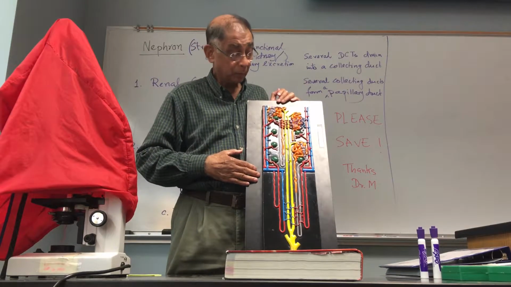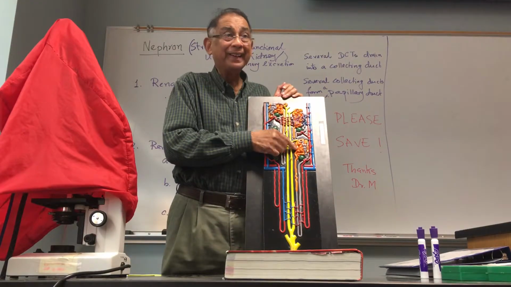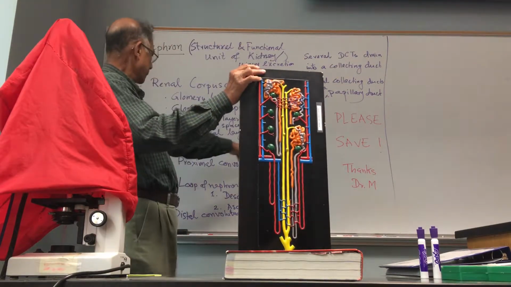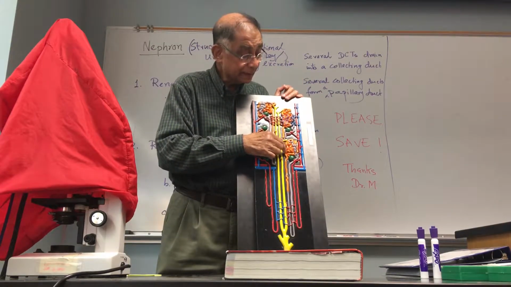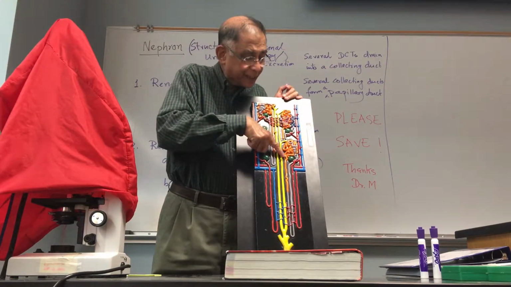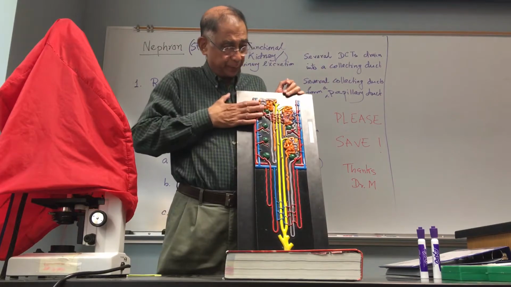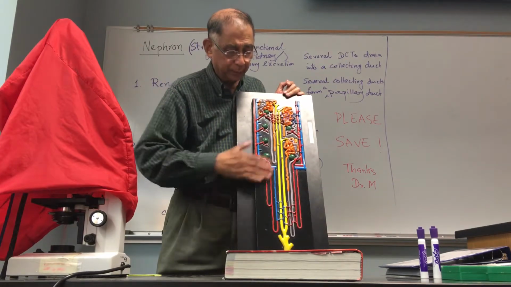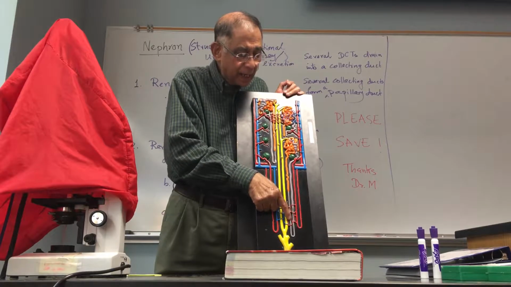Okay? That orange, can you see this convolution? This is the proximal convoluted tubule, PCT. After many turns and convolutions, it straightens out. Coming down, this is the cortex of the kidney. This is the medulla of the kidney. Going down as the descending limb.